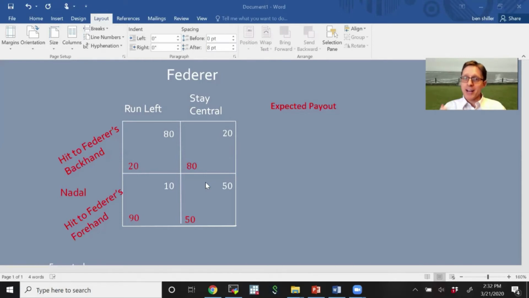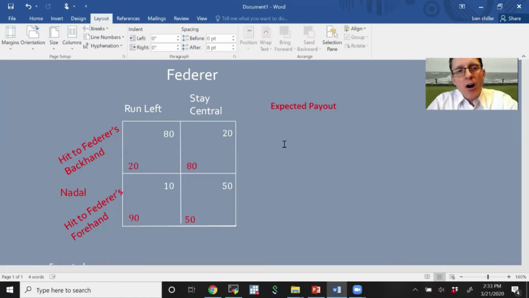And now to actually try and answer this question, what we're going to do is write down the expected probability that Nadal wins the point for each of his actions. So if he hits to Federer's backhand side, what is the probability that Nadal wins the point given the probability that Federer chooses for running left? And likewise, we're going to get the expected payoff to Nadal if he hits to Federer's forehand side.